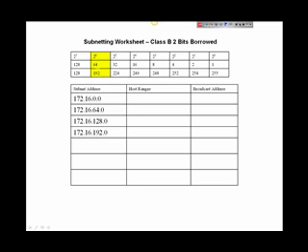Remember my broadcast address, now this is a little bit tricky, is 1 less than the next subnet address. So the broadcast address for the 172.16.0.0 subnet is going to be 1 less than the next one, 172.16.64.0.